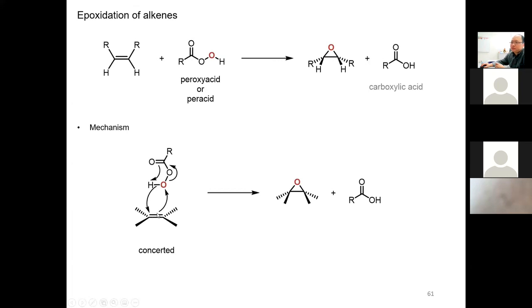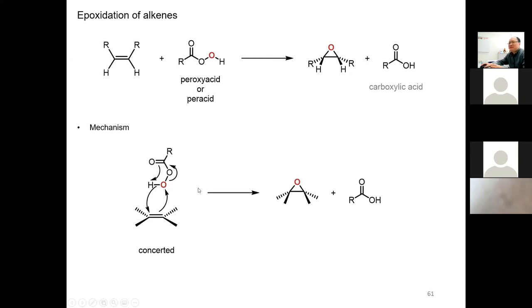The electrons attack this oxygen, and the oxygen, to keep its valency, breaks this weak O-O bond to here, and to keep the valency, the C=O double bond breaks to grab the hydrogen, and the hydrogen, to keep its valency, breaks the H-O bond to attack this carbon. All right, quite a fancy concerted mechanism with four arrows together.